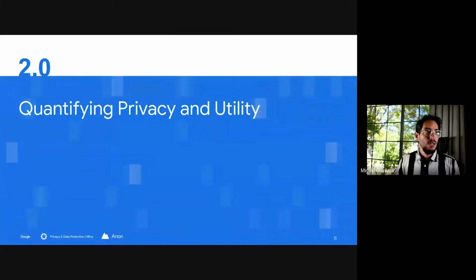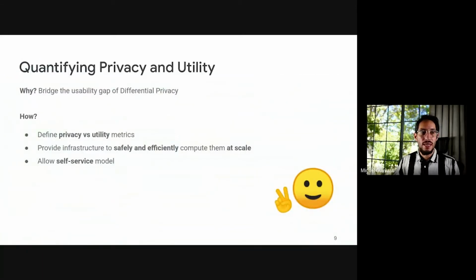So this is where the usability problem comes. People just want to anonymize their datasets and want a simple way of doing it. So that's why we came up with a way of quantifying privacy and utility. What we will present to you today tries to bridge that usability gap of differential privacy. As you're probably aware, there are many papers describing many methods to perform differential privacy, but the space of making it more usable has been vastly overlooked.